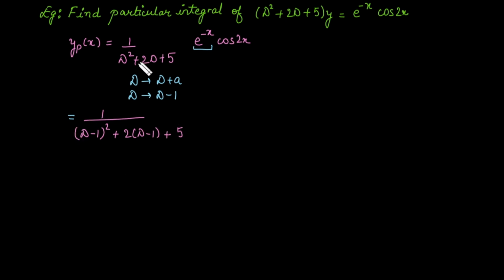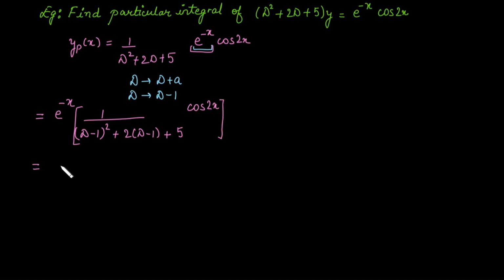Whenever we write this form with D replaced by D minus 1, we take the exponential term outside from this operator form. So we will write this is equal to e raised to power minus x, then the operator form where D is replaced as D minus 1, into the second function, that is given as cos 2x.